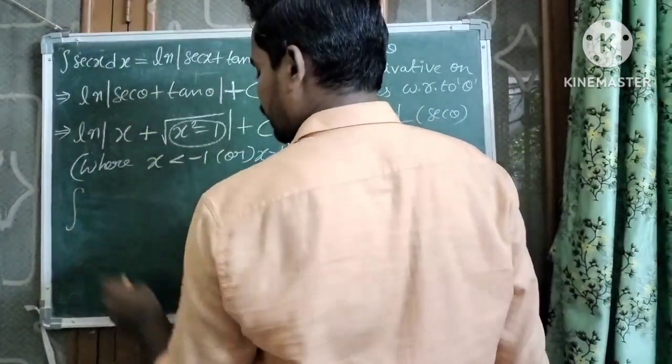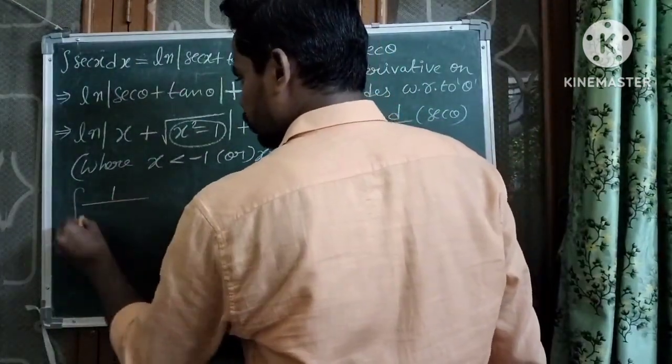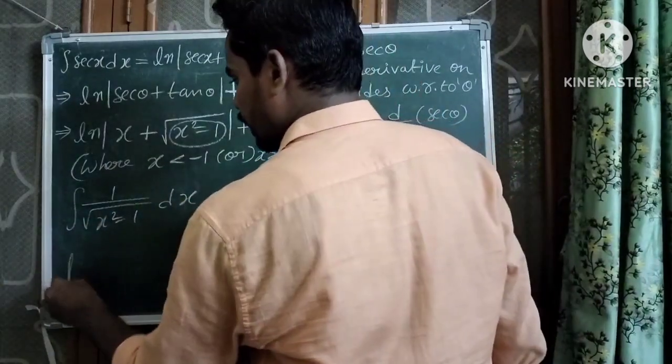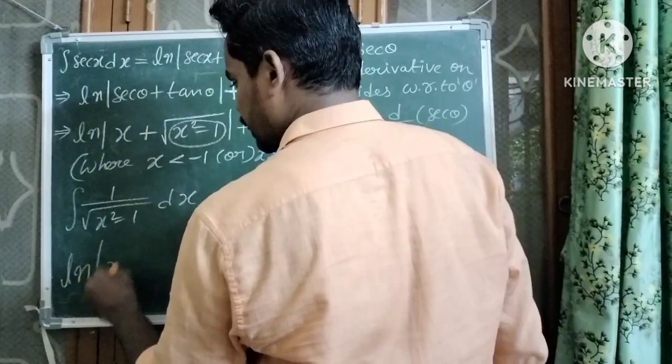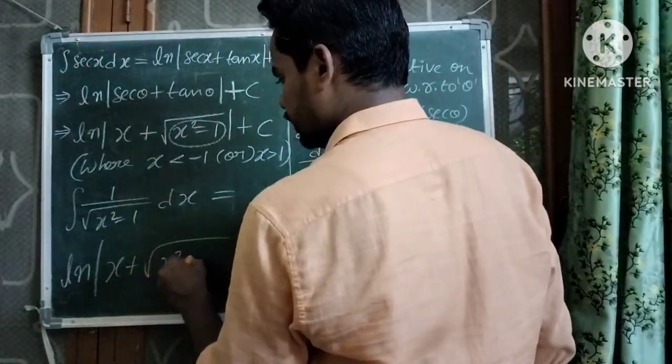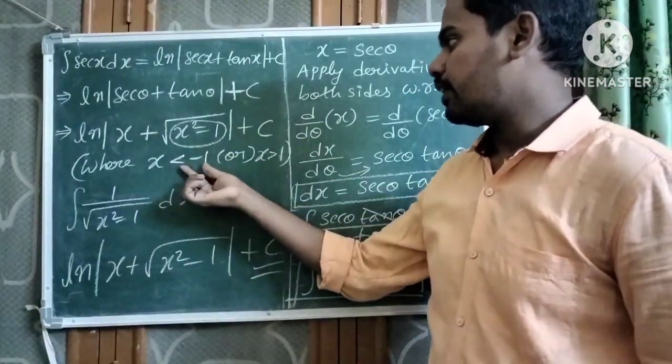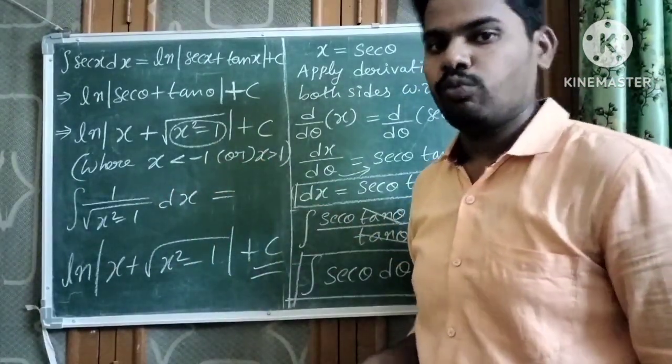Therefore integral 1 by root over x square minus 1 dx is equal to ln modulus x plus root over x square minus 1, plus c, where x is less than minus 1 or x is greater than 1.